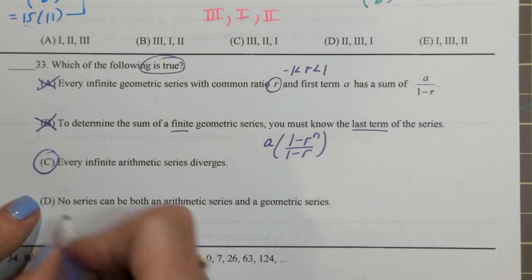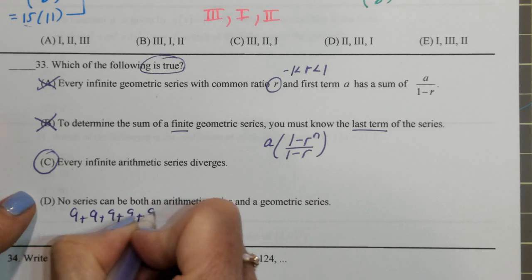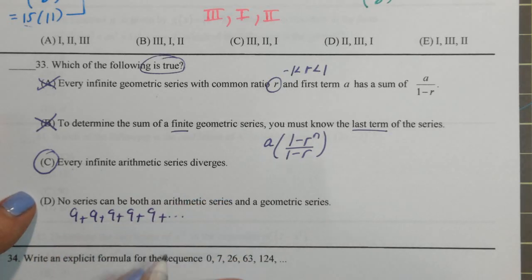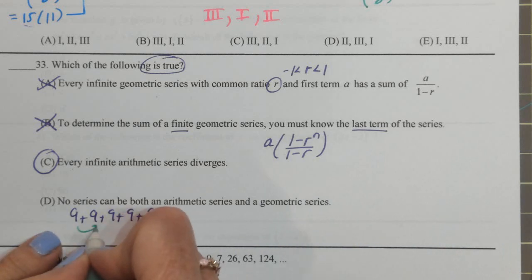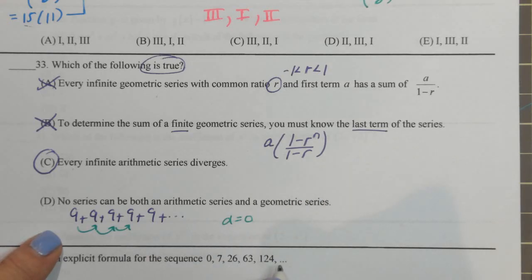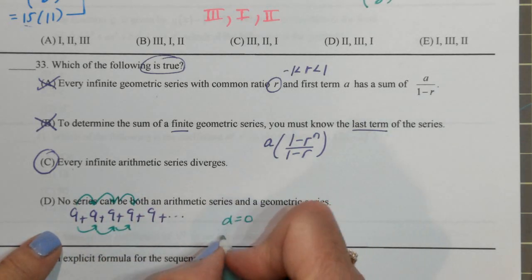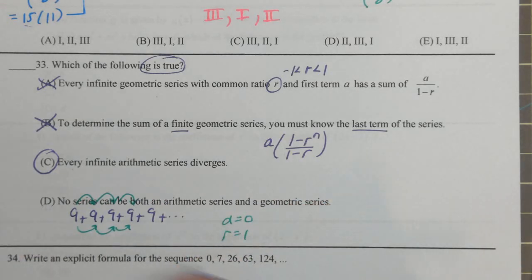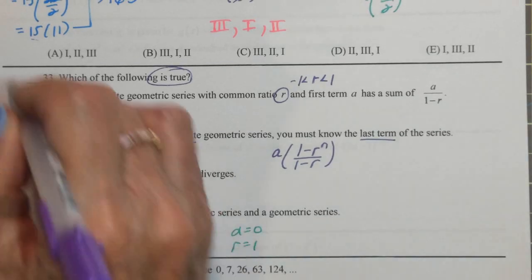If I have 9 plus 9 plus 9 plus 9 plus 9 plus ..., that would be arithmetic because you're adding 0 each time, but it would also be geometric because you're multiplying by 1 each time. So that is false as well. So the answer there would be C.